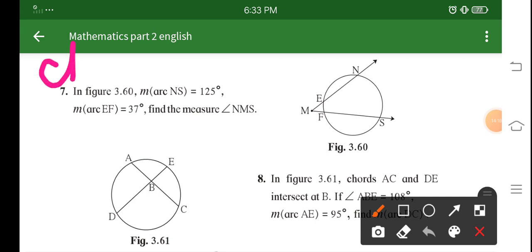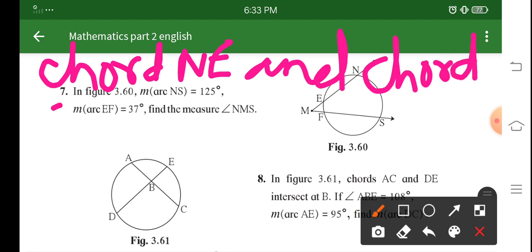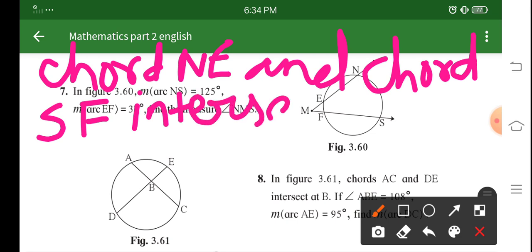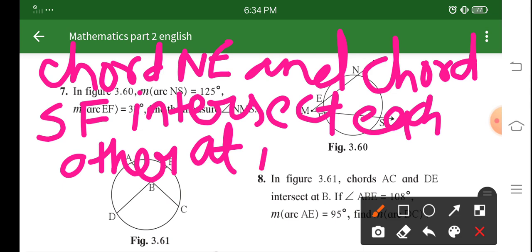So just write over there chord NE, right, and chord SF or FS, whatever, intersect each other at point M. So this is the given thing only. But the chords are intersecting outside. You can just write over there now.